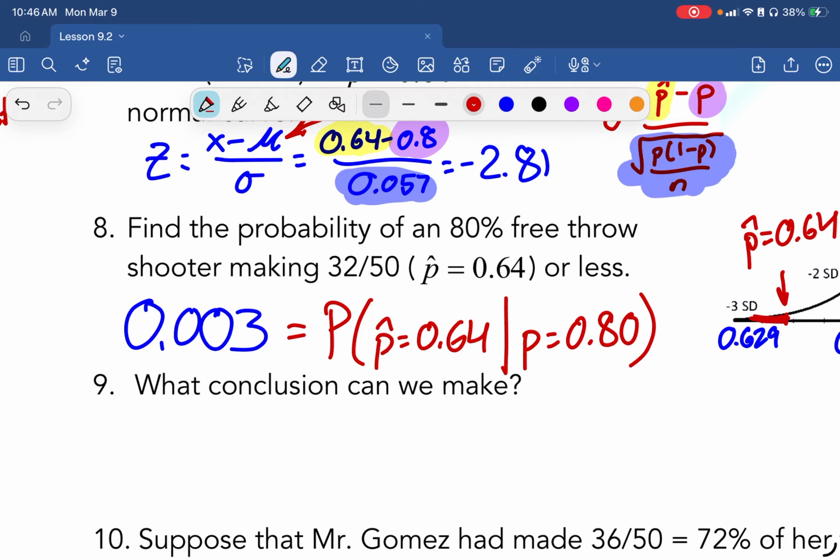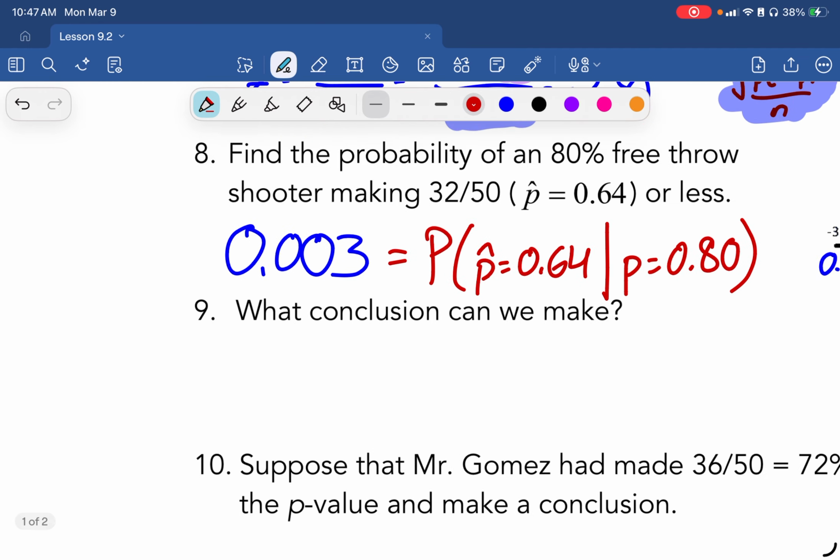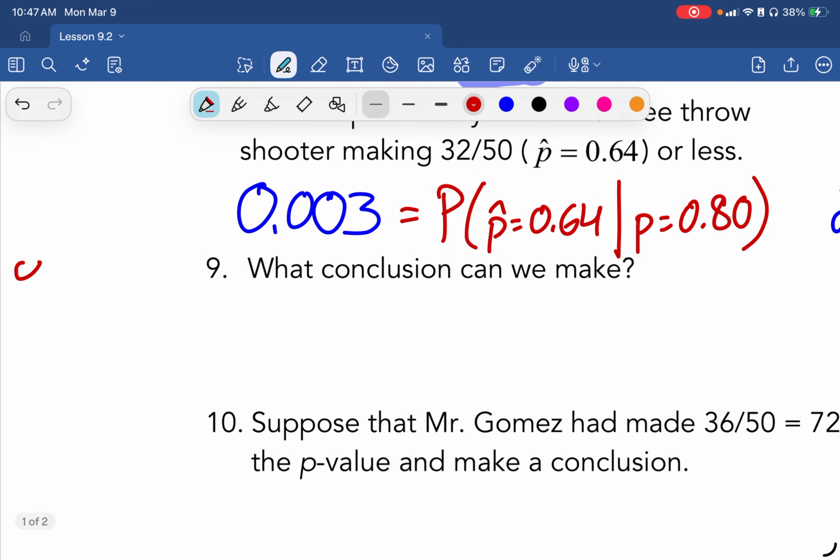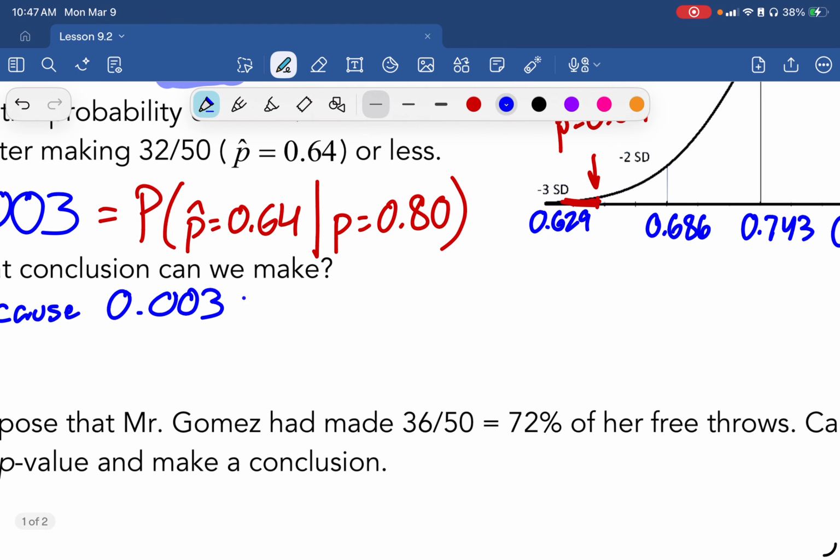This is where you have to reject or fail to reject your null and state if you do or do not have convincing evidence. For today's lesson, we're going to use our alpha value to be 0.05. So if our alpha value is 0.05, because our value of 0.003 is less than 0.05, we will reject our null hypothesis.